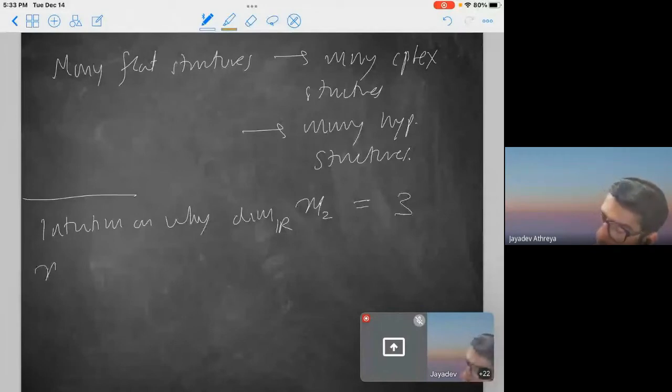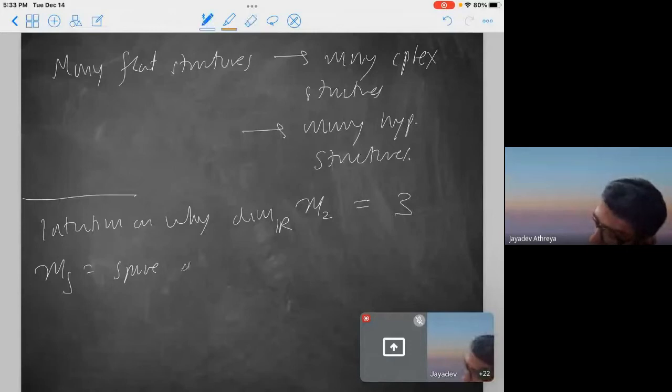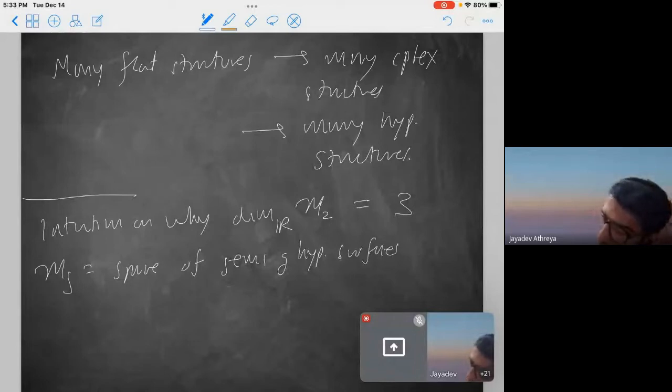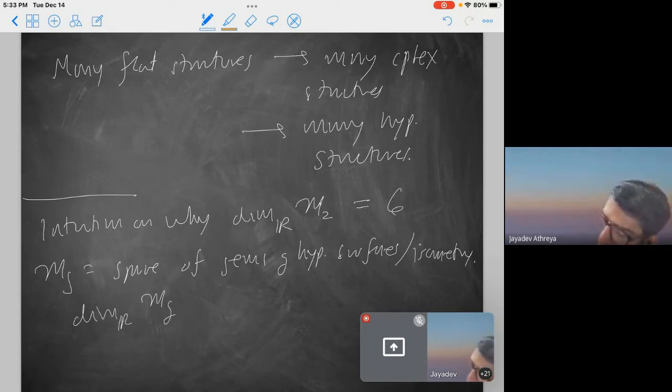So Mg here is the space of genus G hyperbolic surfaces up to isometry. And this should be not 3, but 6. And more generally, I want to give you intuition about why the dimension of the moduli space of genus G surfaces is 6G minus 6.